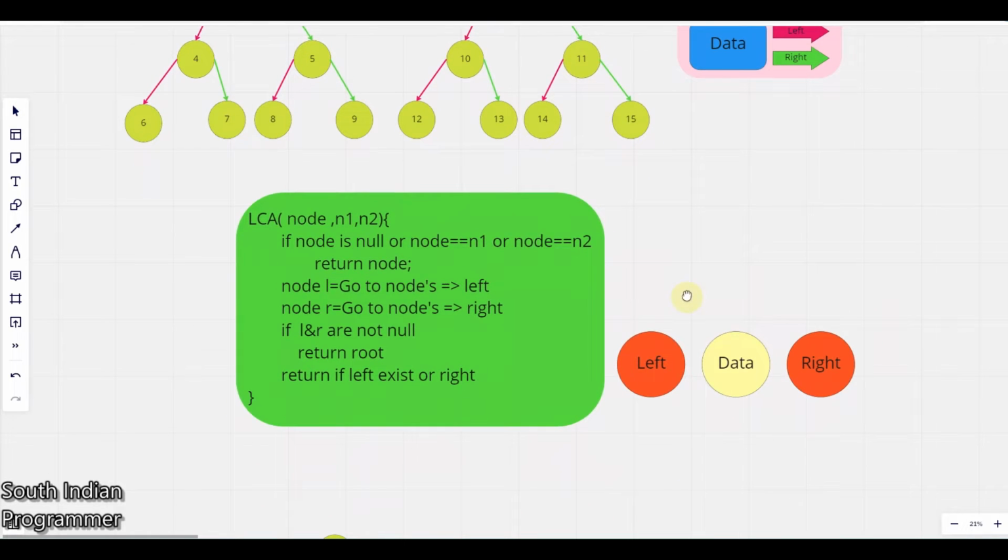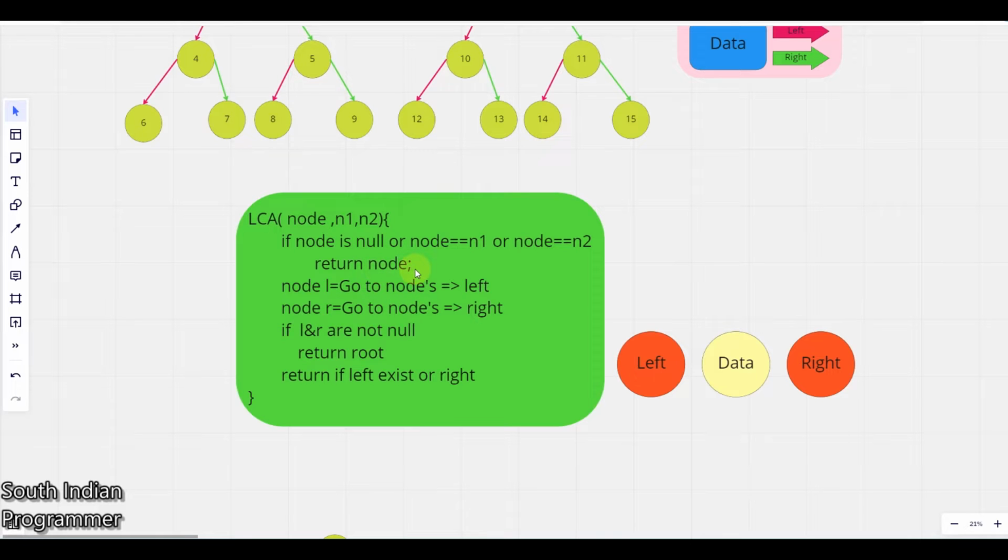Here's our code snippet, LCA, and it expects three arguments: node, n1 and n2. Node is the root node that we have to pass, and n1 and n2 are the two integer node data. In the first line, if the node is null, like node 6 where there is no node attached to it, we just return it.